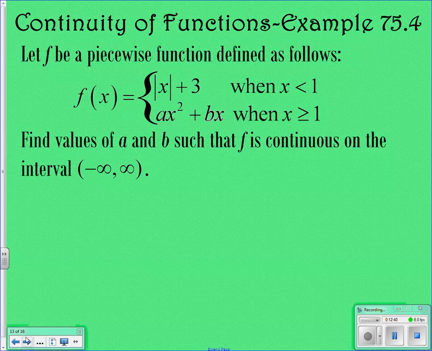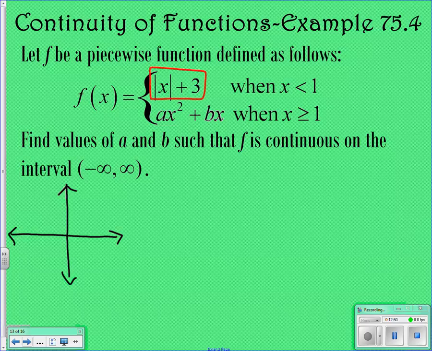I always like to start with a graph on these. And so the first one is the graph of an absolute value. And so this is an absolute value pushed up to 3. So I'm going to start off by graphing the whole thing, and then I'm going to erase part of it for you.